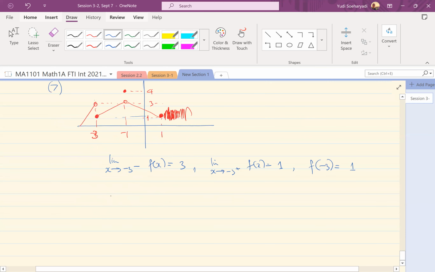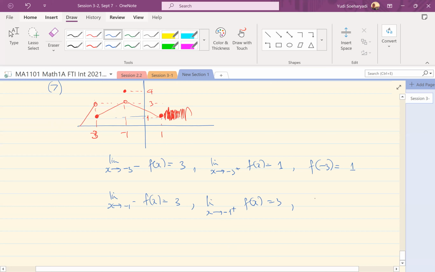What about at 1? Well, we compute this at -1 from the left. From the left, it is 3. Okay, from the right, sorry, this is from the right is also 3.